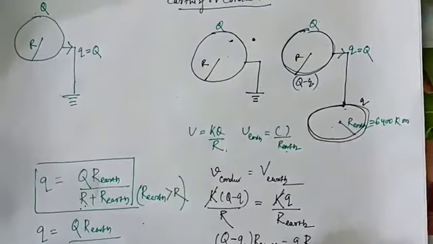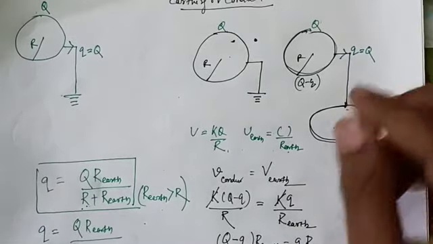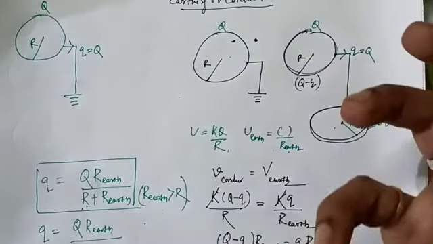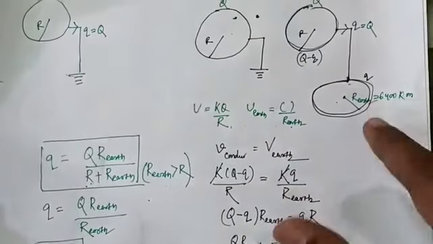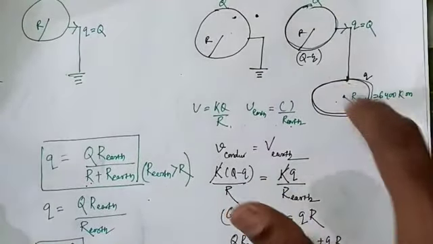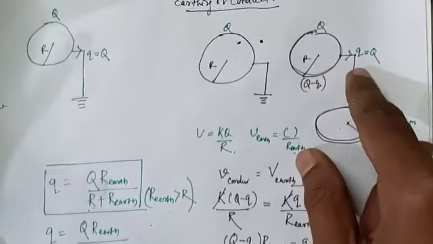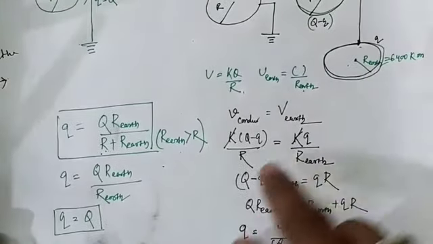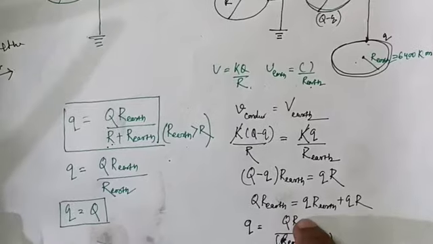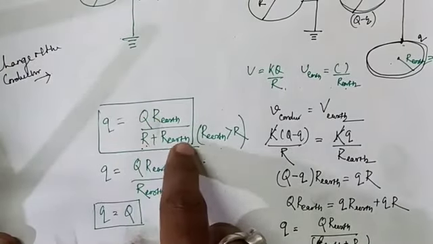Let me say it one more time. If something is earthed, I know the potential of the conductor, I know the potential of the earth, and it is obvious that the conductor's potential is more than the earth's. Up to what extent will charge flow? Till the potential of these two conductors remains the same. Say Q amount of charge flows, so Q minus q is the final charge. Here q charge is added. In a similar fashion, I reach the conclusion that q equals Q R earth upon R plus R earth.